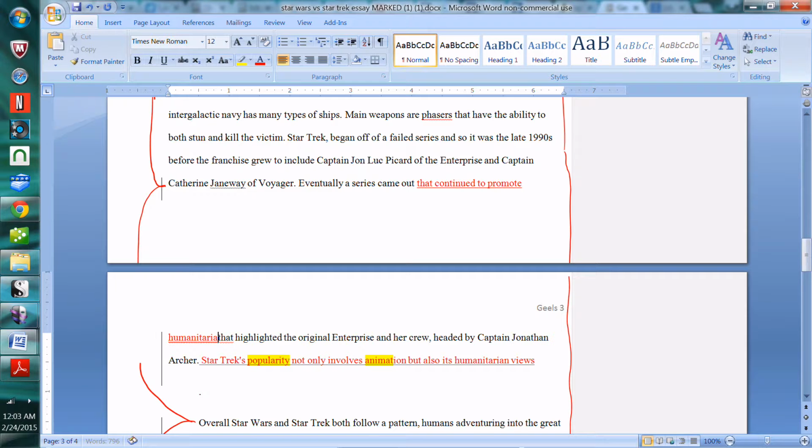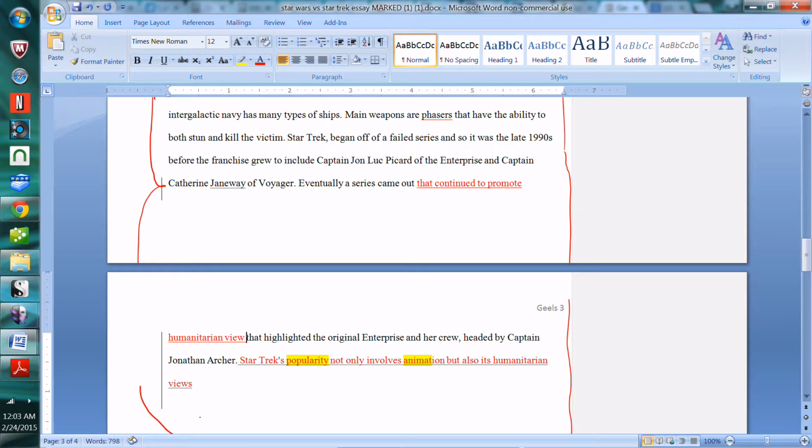I cannot spell. Humanitarian views. Eventually, a series came out that continued to promote humanitarian views while highlighting the original Enterprise and her crew. So we have humanitarian views.